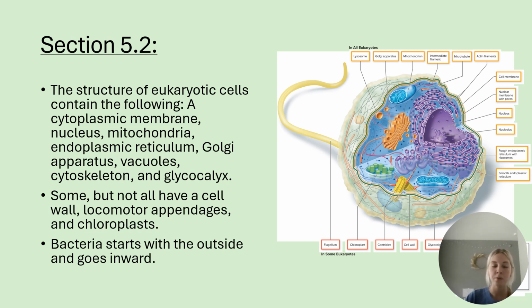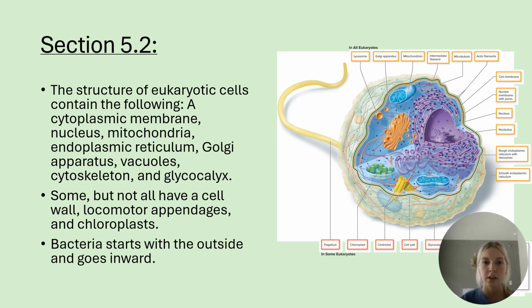Moving on to 5.2, which is the form and function and appendages like flagella and cilia. The structure of eukaryotic cells contains the following: a cytoplasmic membrane, a nucleus, mitochondria, endoplasmic reticulum, Golgi apparatus, vacuoles, cytoskeleton, and the glycocalyx.